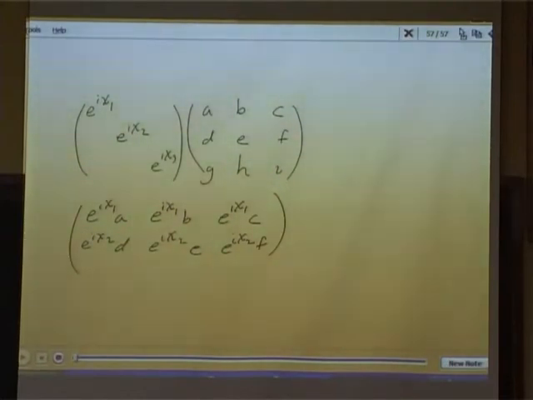So these three are often called row phases, because they multiply the rows.